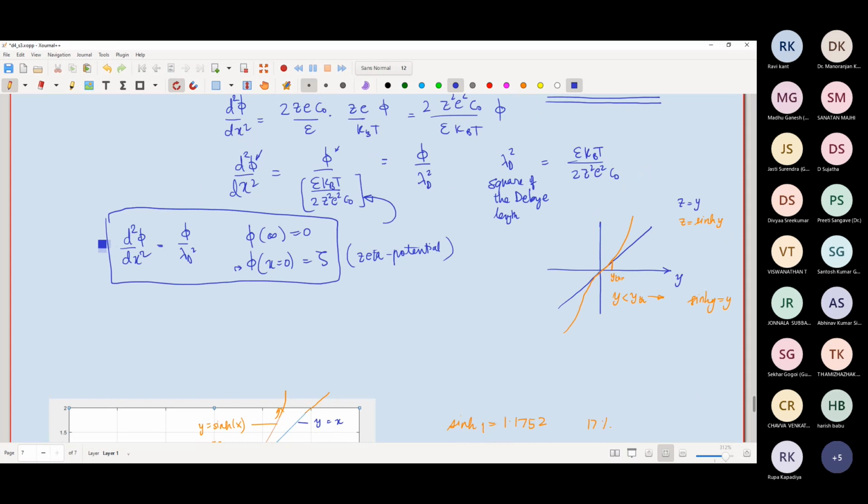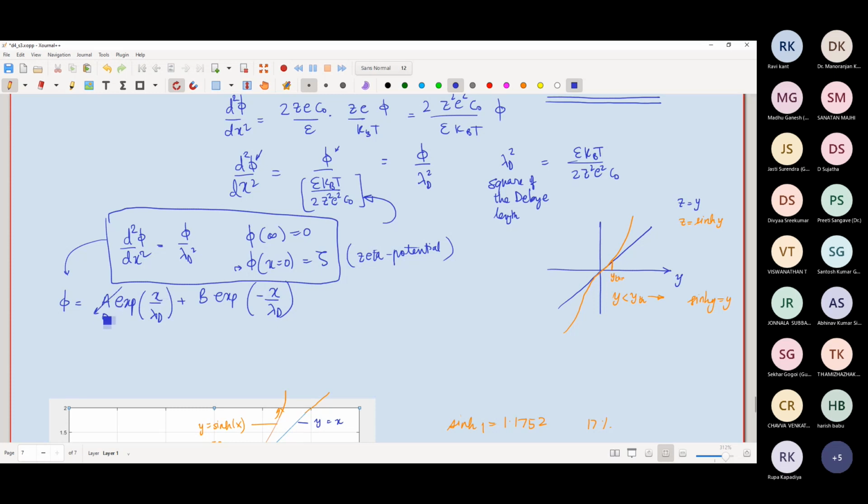So this is quite simple to solve as well. We can simply write φ is equal to A exponential of x over λD plus B exponential of minus x over λD. Now, keeping in mind that φ at x tends to infinity is equal to 0, at x tends to infinity the second term will naturally become 0, but the first term will blow up.